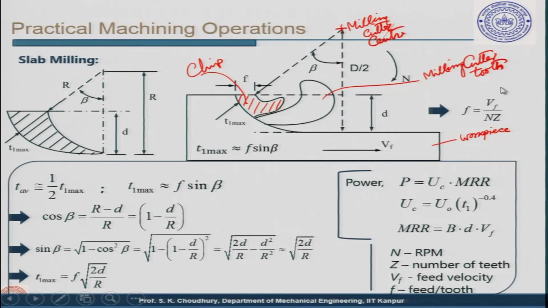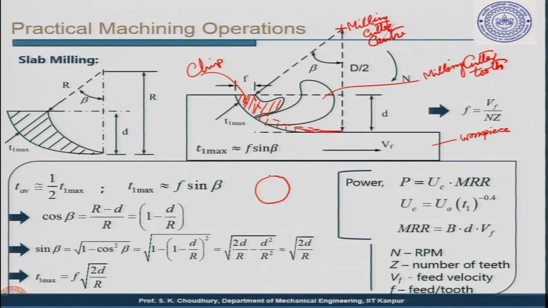That means the milling cutter's initial position was like this, and then it has moved to another position. So, this is the actual chip which is being removed, you understand. I can show you in a smaller way.